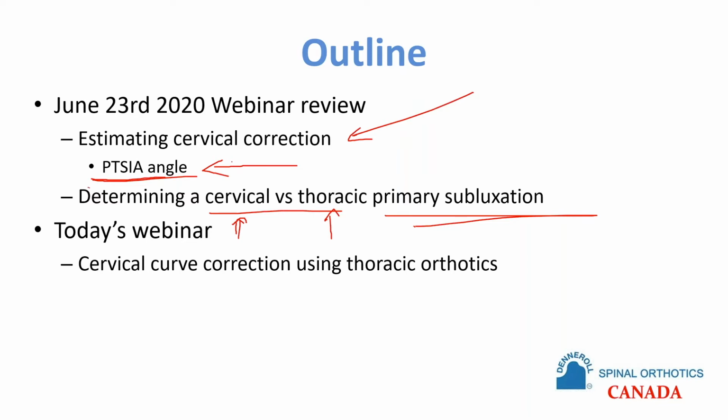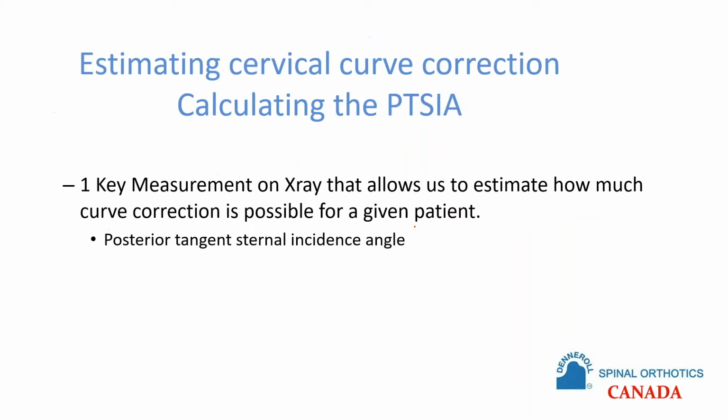Today I want to show you, okay, we determined that this patient should use a thoracic dental roll. I'll show you the placement and how to use those thoracic dental rolls, but I want to show you the cervical curve correction after using them, because it's staggering. You can get amazing cervical curve results when you're choosing that proper orthotic product for the patient at home, okay?